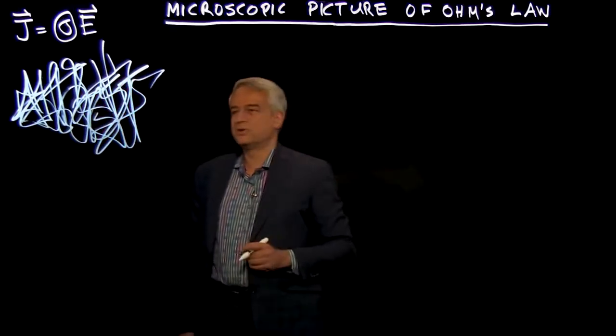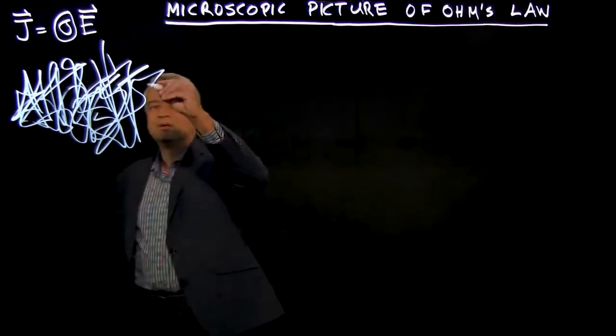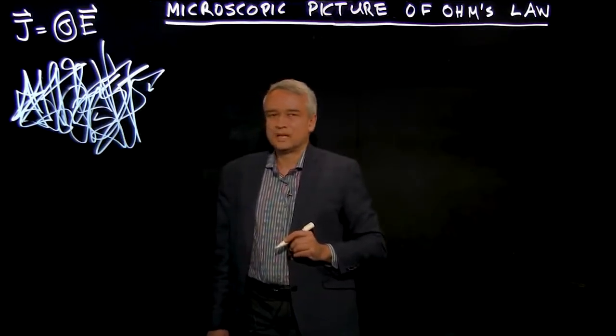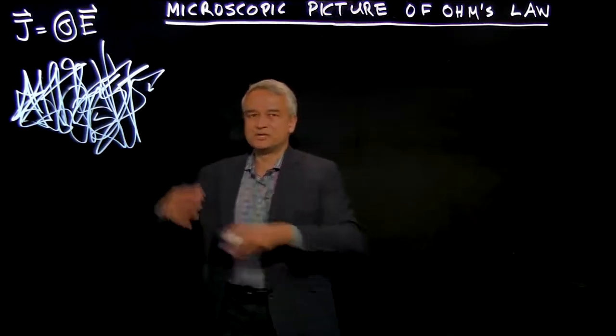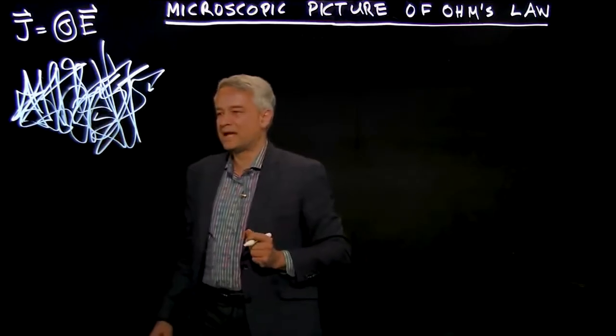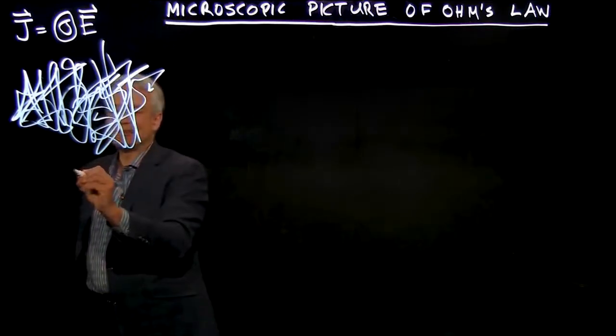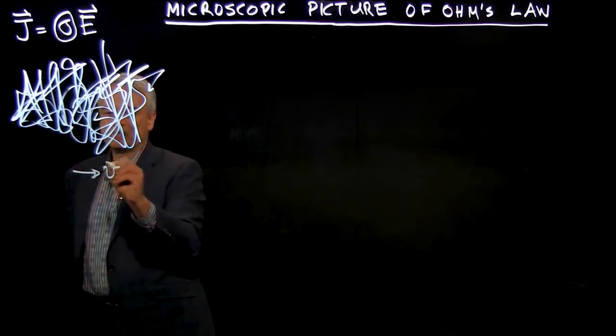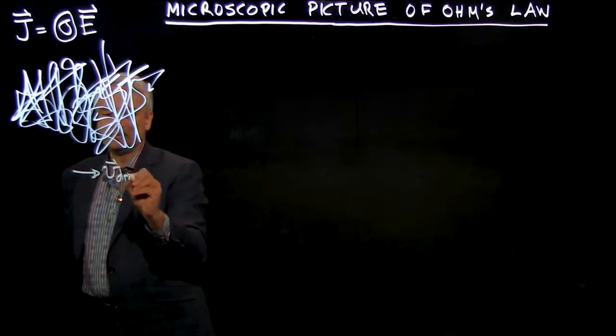I was trying to show you in that cartoon, or maybe better, caricature, a sense of a picture in which the electrons are whizzing around very fast and at the same time are slowly drifting this way with some drift velocity.